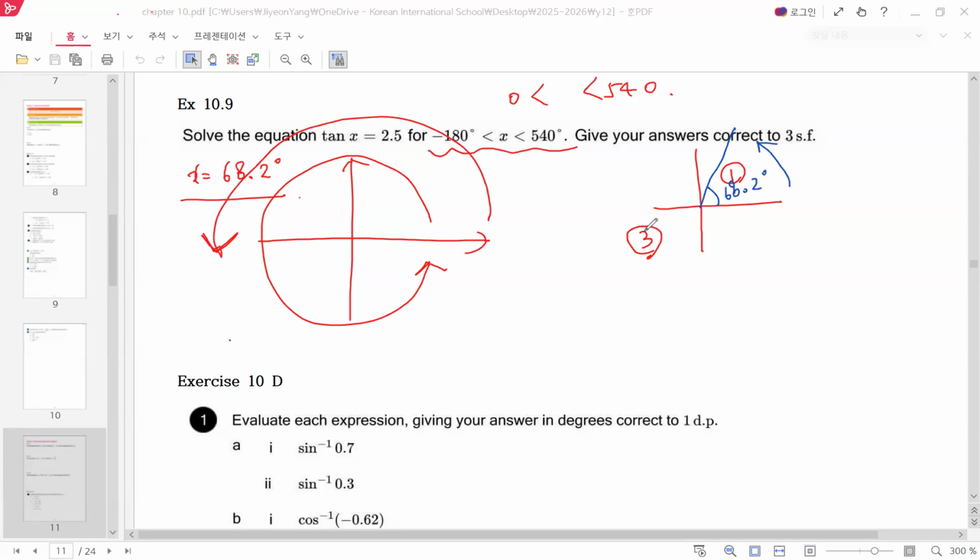And then to find the third quadrant one, it's gonna be 180 plus 68.2 degrees, which is 248.2 degrees.